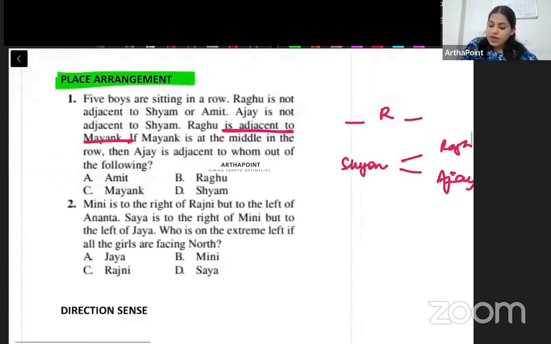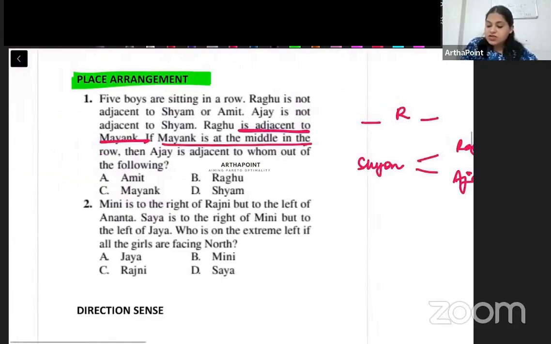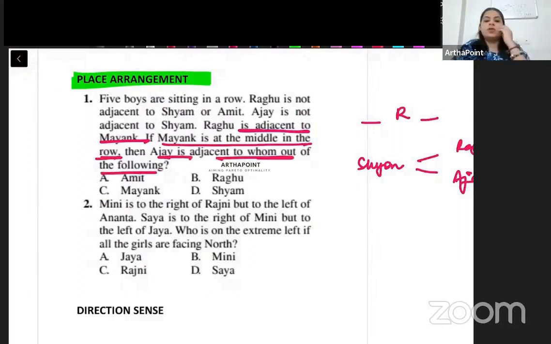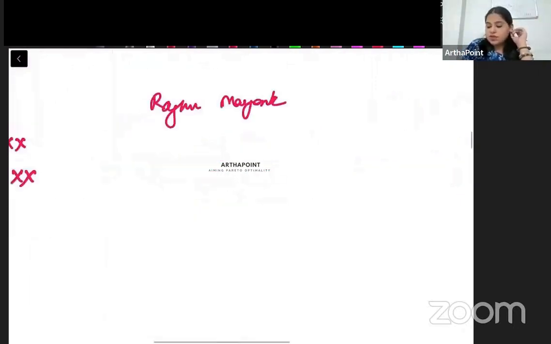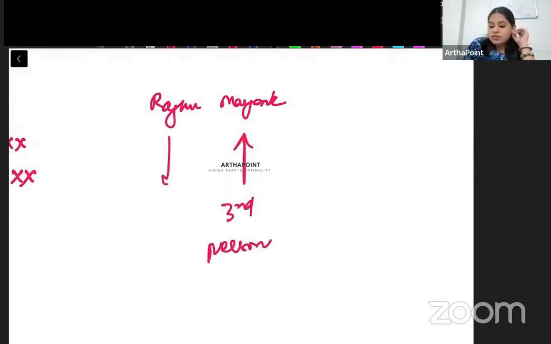Okay beta, now Mayank is in the middle. Then Ajay is adjacent to whom out of the following? So where will Ajay be sitting if Mayank is sitting in the middle? Mayank has to be the third person. So Raghu will be the second person, or fourth, you can do it on this side also. So Raghu will be second or fourth.